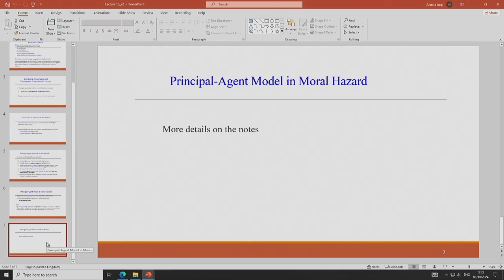This can also be labeled as this. So the one on top is called the participation constraint, and the one that I'm writing now is called the incentive compatibility constraint.